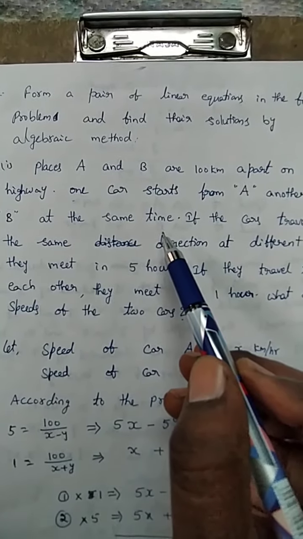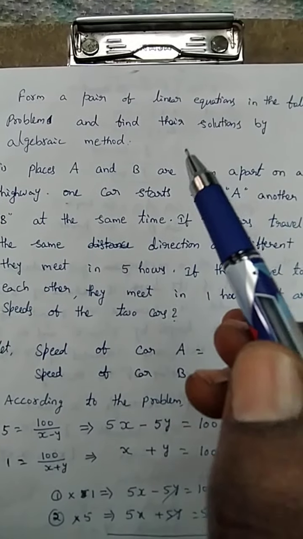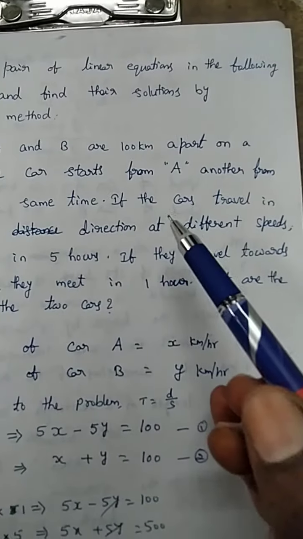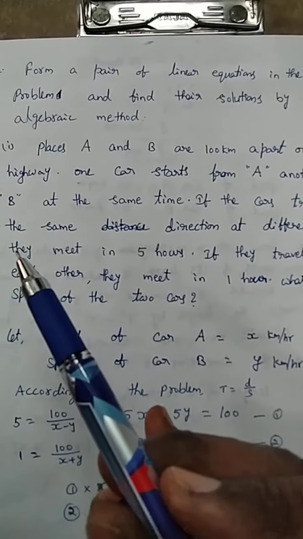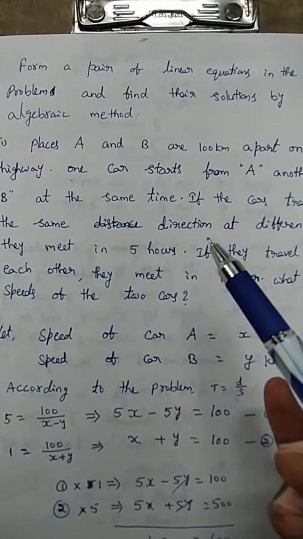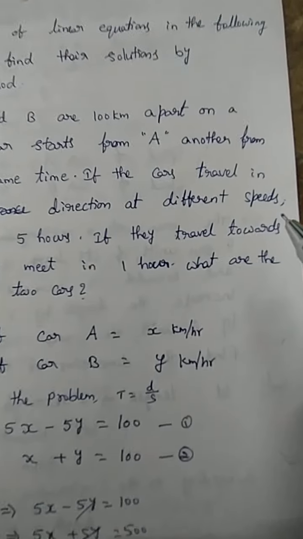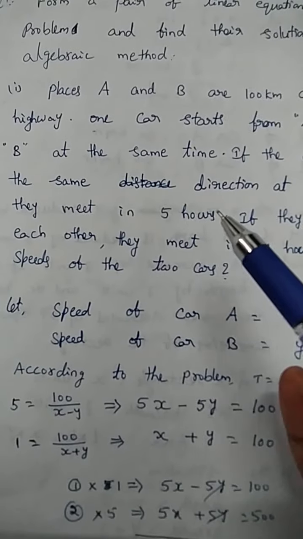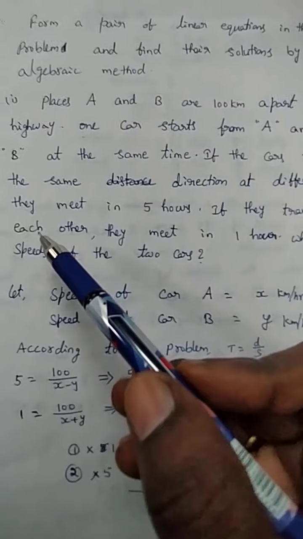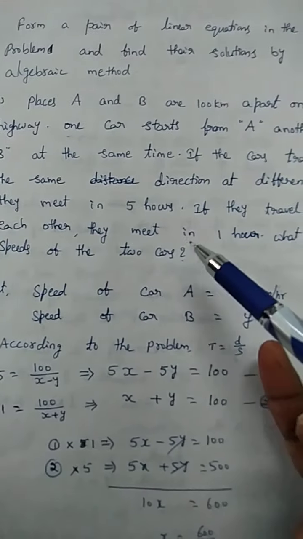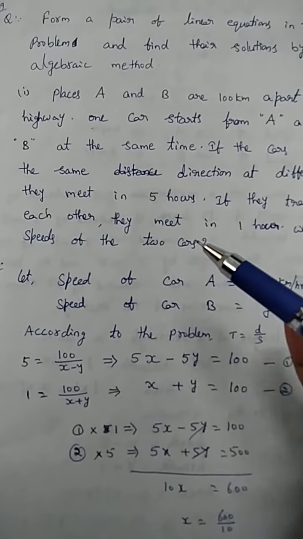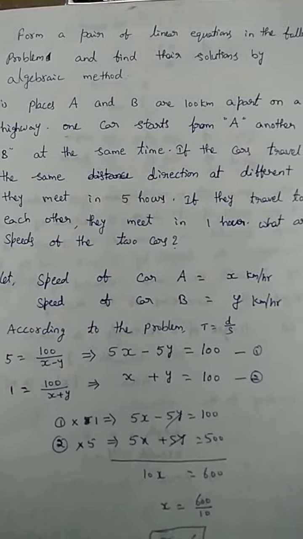Both the cars start from point A and point B. If the cars travel in the same direction at different speeds, they meet in 5 hours. If they travel towards each other, they meet in 1 hour. What are the speeds of the two cars?